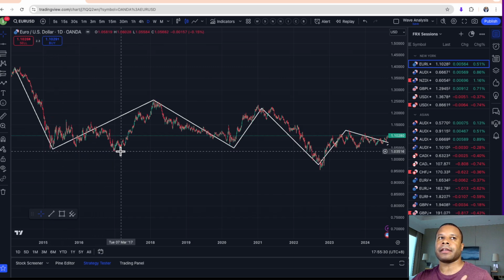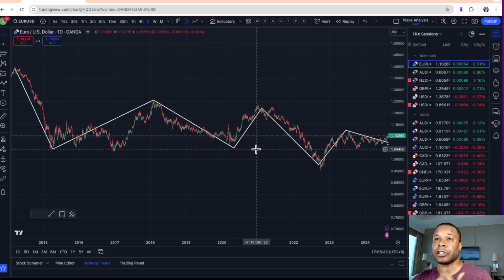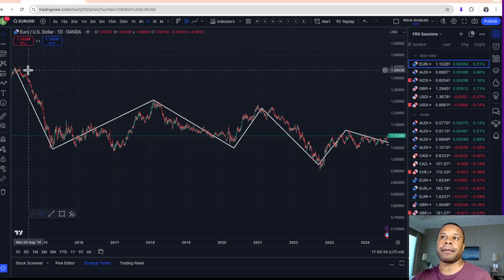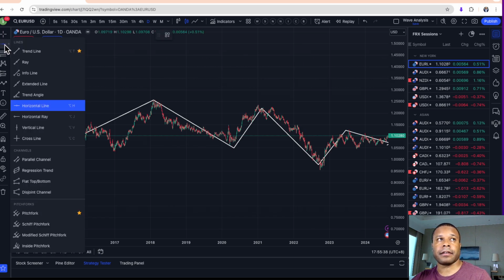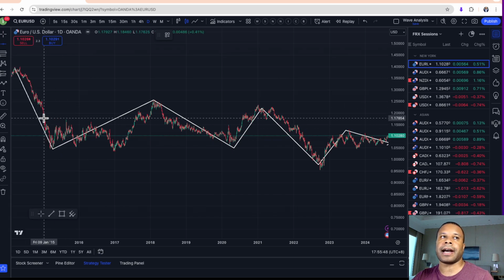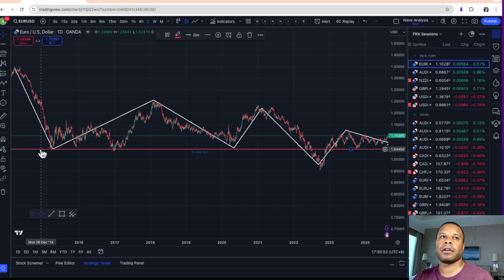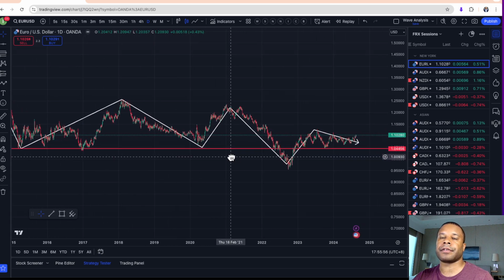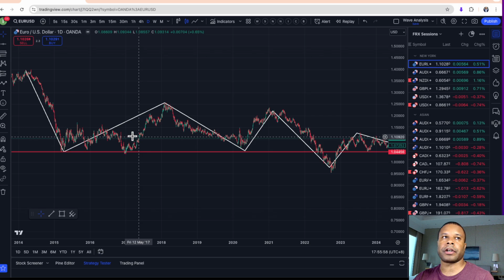So demand: the price came so low where buyers said, "We need to step in and we want to buy because we're getting a deal," right? And so if I go to the left hand side of my TradingView, on the top, you see an icon, you see trend line, right? I have a line here that says horizontal line. And I want you to see that as the market came down, it hit these areas of support where it created a floor.